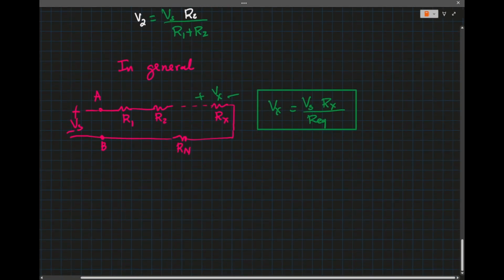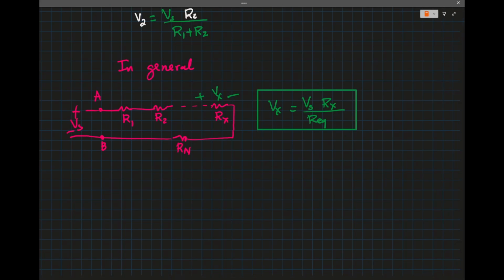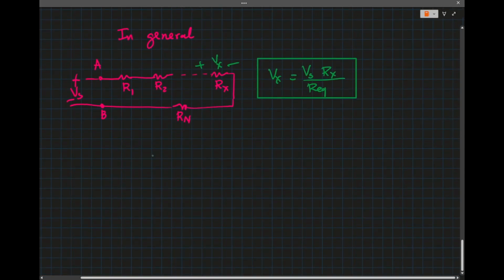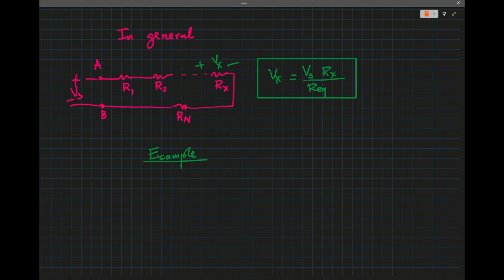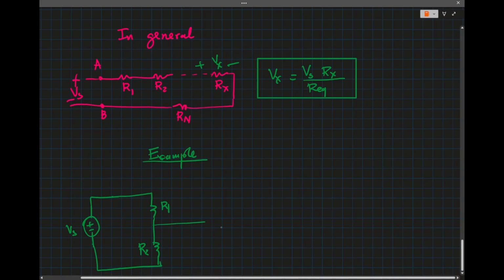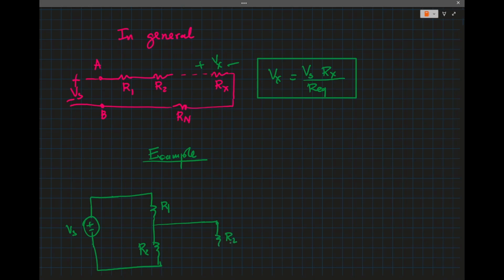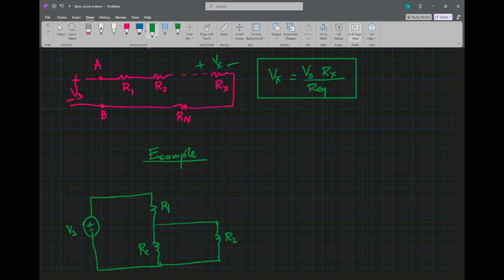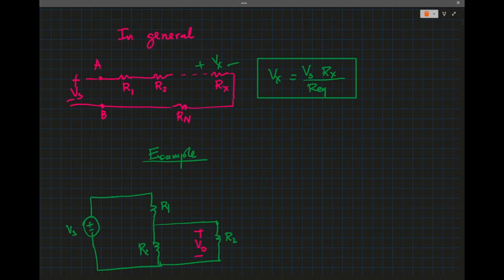Okay, so now let's do another example. So let's say you have Vs, and we have this network where we have R1 here, we have R2 here, and we have a load connected in parallel with R2, and the goal is to find the voltage V0 or VL.